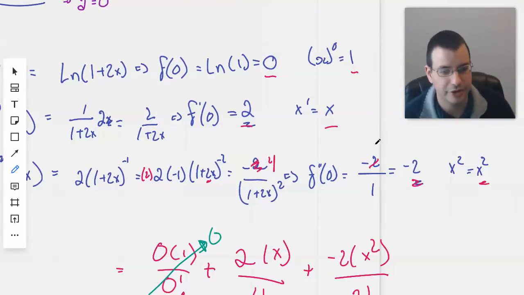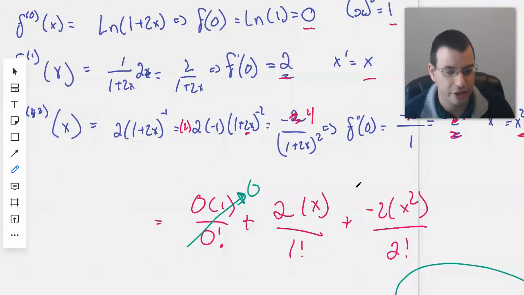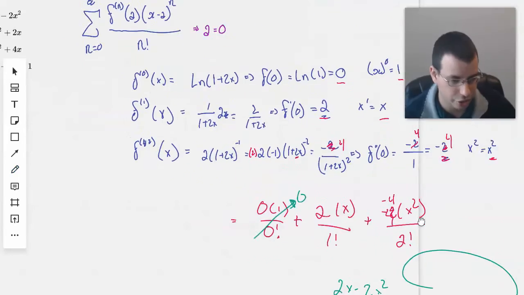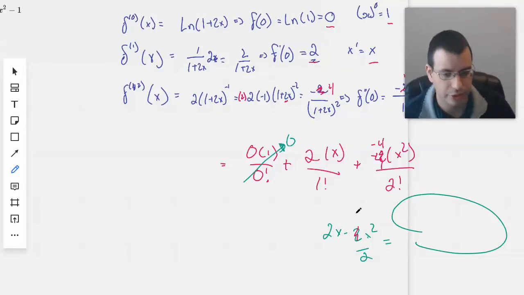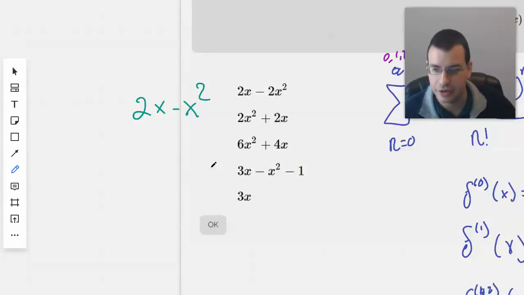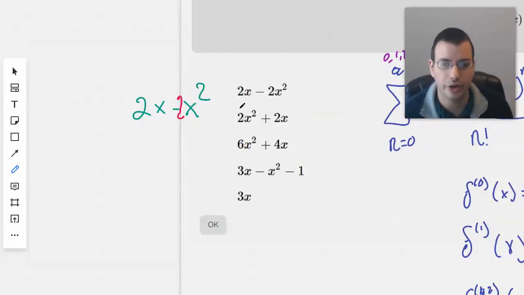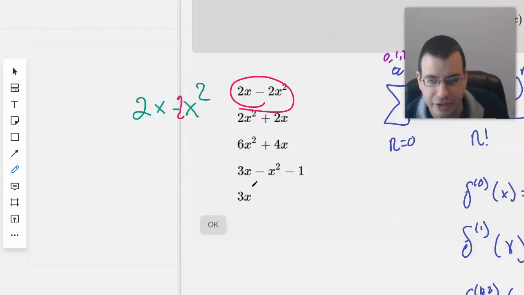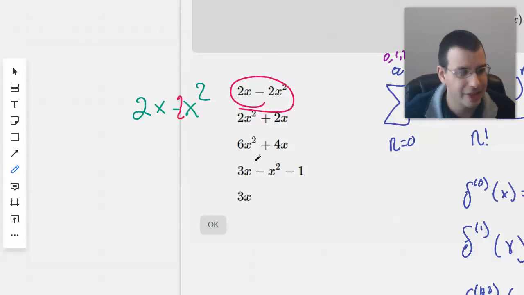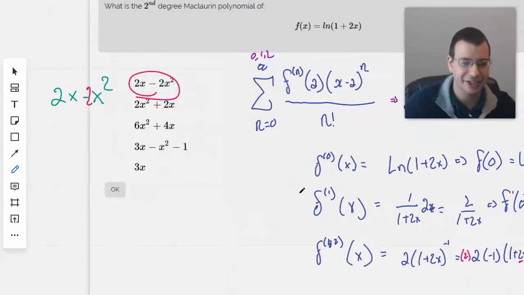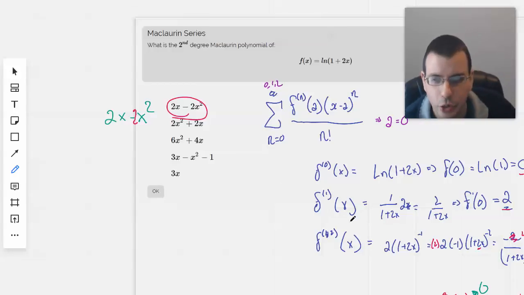And so this would be negative 4, and what we'd have here would be negative 4 divided by 2, and would give us 2x minus 2x squared, which would be that one. See if there's any other answers. Yep, I think that was the mistake I made. Gosh, so many mistakes. Quite careless.